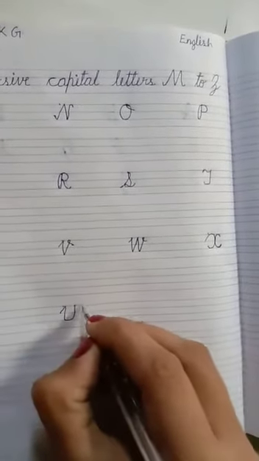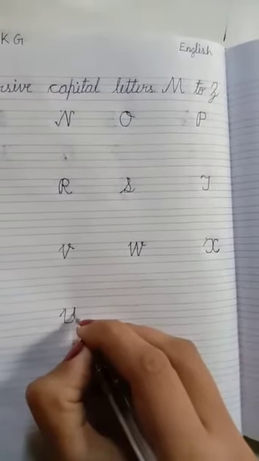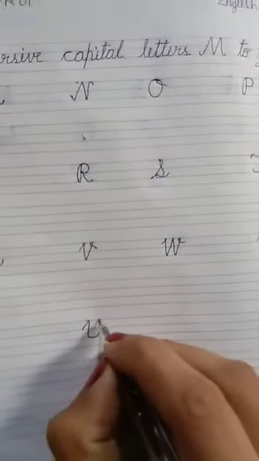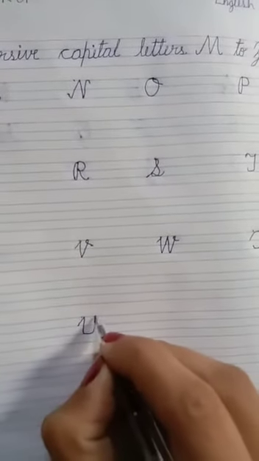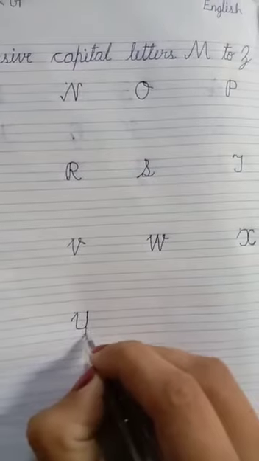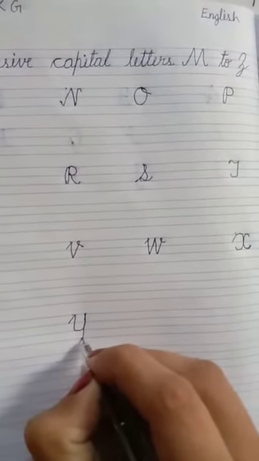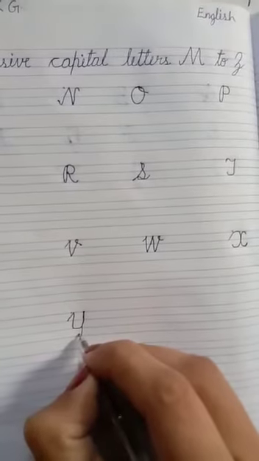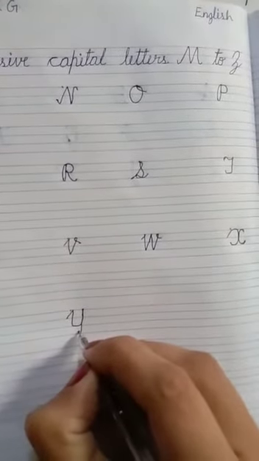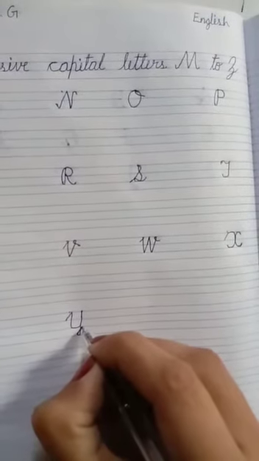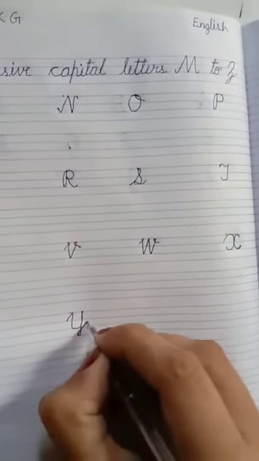Okay, like this, and starting from the top line and ending on the fourth line like this. Make a round curve inwards and intersect the previously written line to finish.